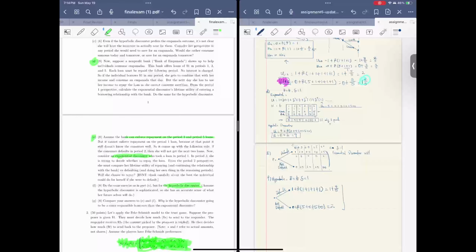Because the first period would be 5 plus 0 plus beta of 5 plus 0 plus 5 plus 0. Well, this beta should be here. So this whole thing. Is that the case though? Yep. It is the case, because the bank will enforce the payment.